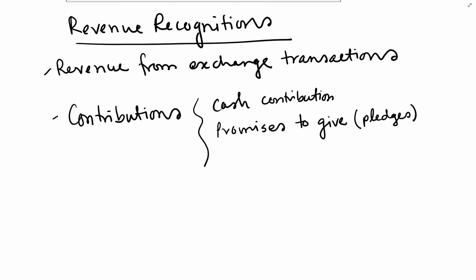So when a not-for-profit organization provides any service, definitely they are earning their revenues and they will record it. We call this type of revenue, revenue from exchange transactions. That means a revenue from exchange transaction is one type of revenue in which the not-for-profit organization earns resources in exchange for a service performed.